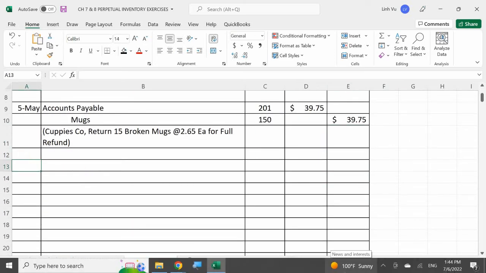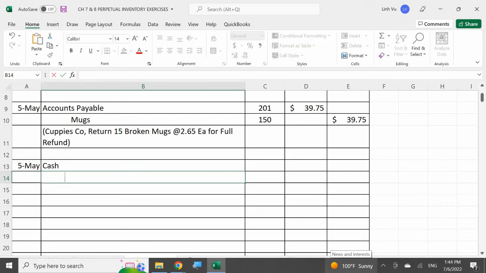In this case, it is the same day, 5/5. We established that we received cash for our sales. We also established that we have sales and sales tax.